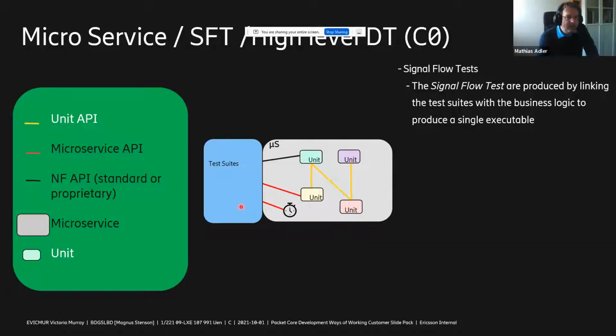Then we get one single executable that we can run. And we simulate everything, all the signals going in and out of our microservice. It could be what we call NFAPS, which could be an external interface for our product, or interfaces between different microservices that you can simulate using this test suite.